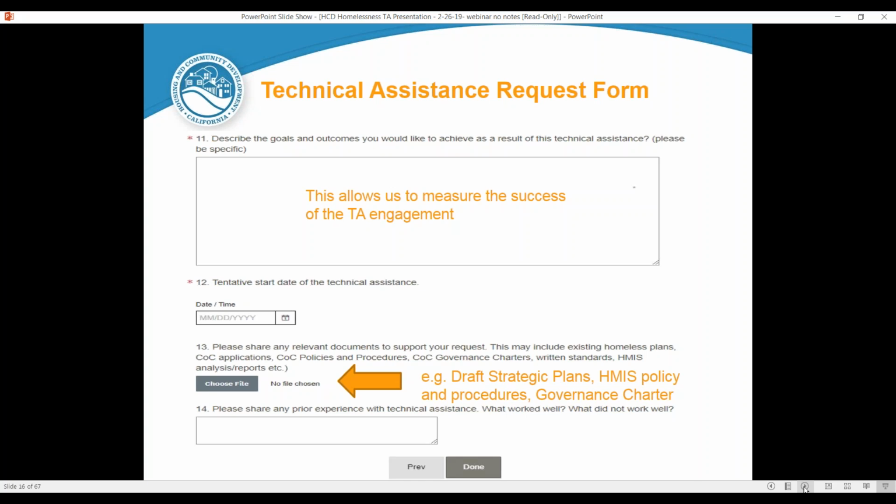And then for question 13, if you're seeking to update your policies and procedures, then we're asking you to also provide your draft plans, strategic plans, or HMIS policy or governance charter, so that when we're developing the plan, we have the most information to develop the plan. Next slide, please.